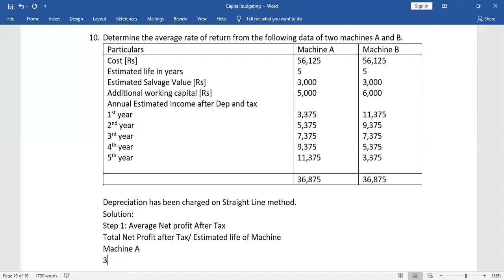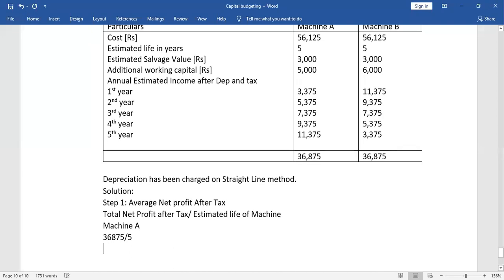It is 36,875, divided by how much is the estimated life of the machine? Estimated life is 5. Correct. Give me the answer. Total profit divided by estimated life is coming how much? Is it coming 7,375? Is it a correct answer? Yes, thank you. So we got it for machine A.